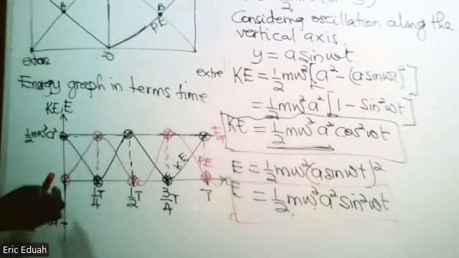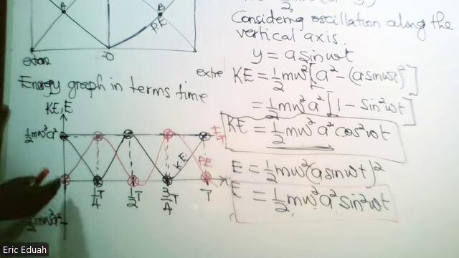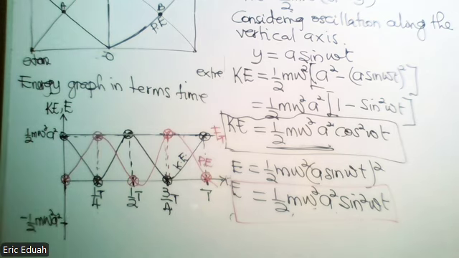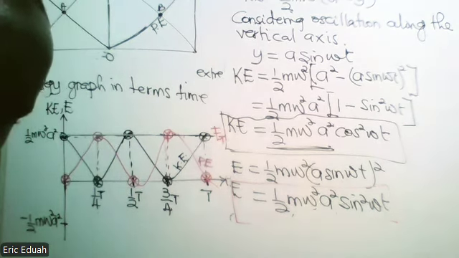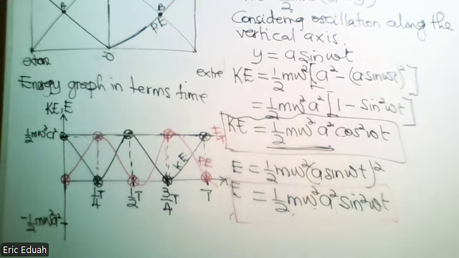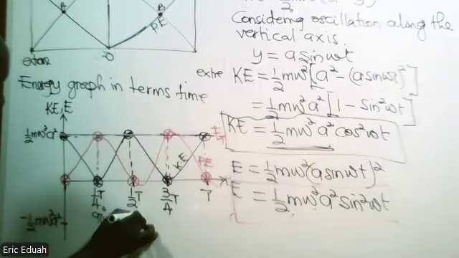The reason is that it is not oscillating between the negative amplitude and the positive amplitude, but just between 0 and the positive. Please, are we okay? Yes. So this is the energy graph in terms of time.